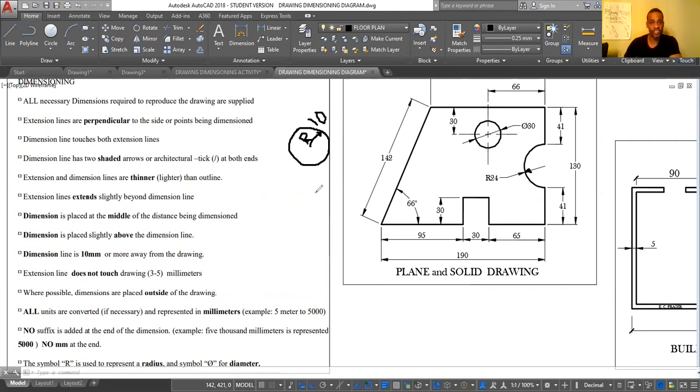And in cases where, in the view that you're looking at, you might not be able to determine if the object is square, rectangular, or circular. In a case like this, where we have a cylinder, if you were to look at this orthographically, you would see the front, which would look flat, but in reality, it is a cylinder.